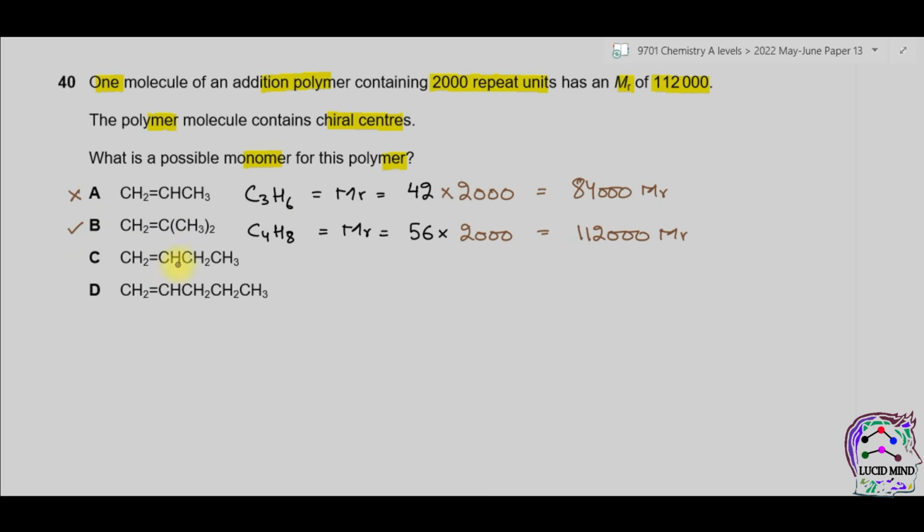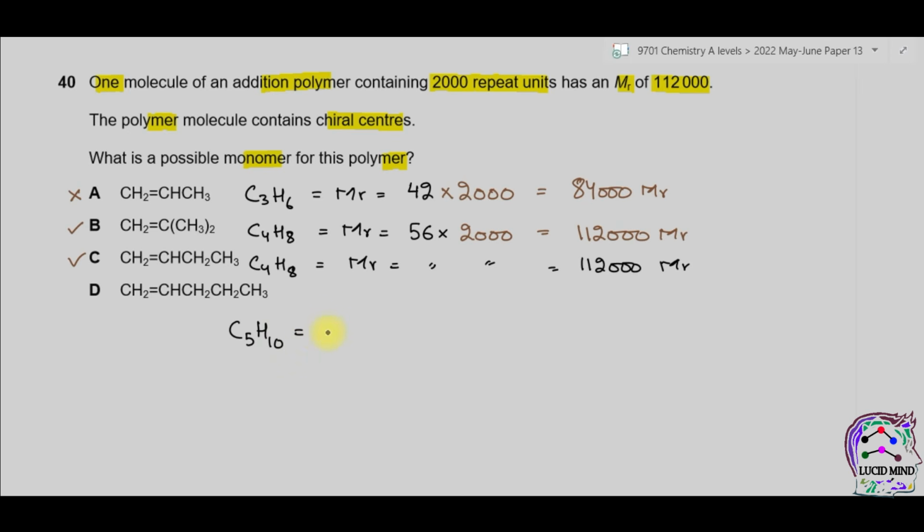Let's see the third one. We have 1, 2, 3, 4. Again 4 carbons, 8 hydrogens. So MR is going to be same, 56 into 2000 is 112,000. So it could also be C. Let's look into D. We have 1, 2, 3, 4, 5 carbons, as it is alkene, so it is C5H10.